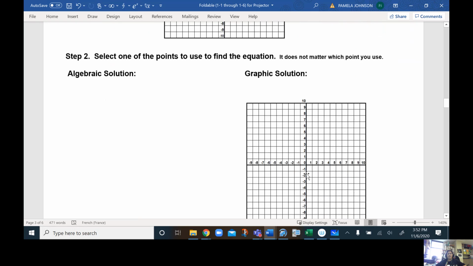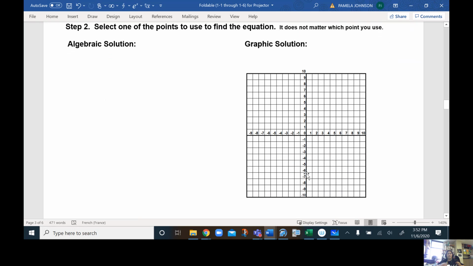All right. So then the next thing we're going to do is select one of those points to use to find the equation. Just so that I don't have a lot of negative stuff going on, I'm going to use the point 4, 2. Okay. We're going to use our point slope formula. This is the one that we learned back on flap 2. So y minus y1 equals m times x minus x1.